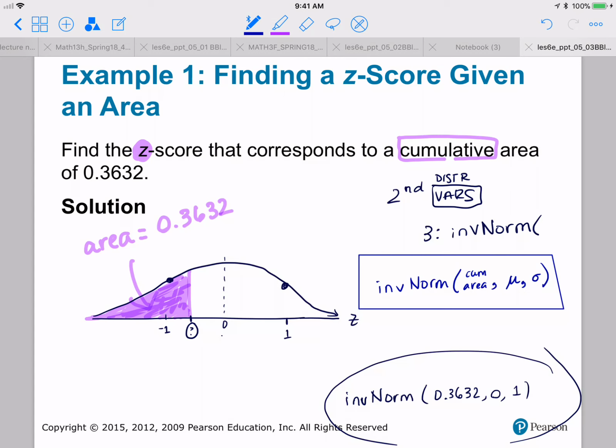Okay, so now hit enter again, and the number I got is negative 0.349918.